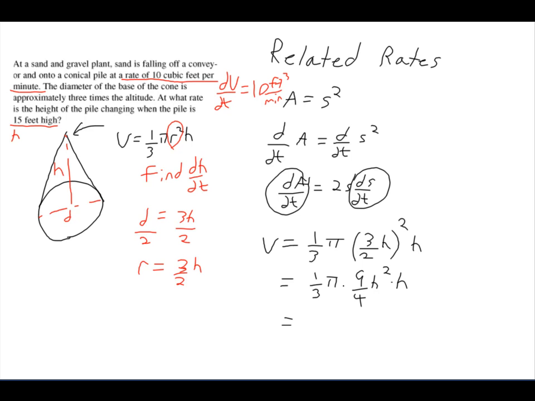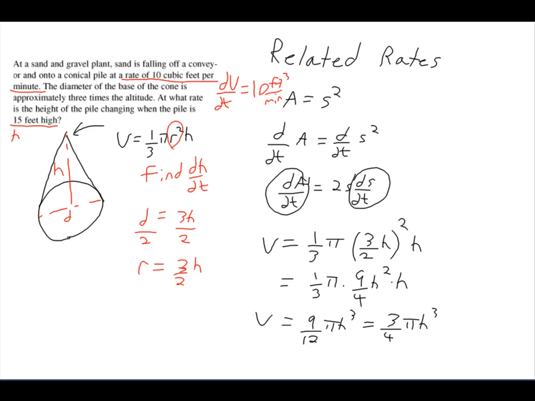And we'll simplify that again. 9 times 1 will give us 9 in our numerator, over 3 times 4, 12 in the denominator, pi h cubed, because when we're multiplying the two variables we add the exponents, and that simplifies because 9/12 is 3/4 pi h cubed. So this is our volume.